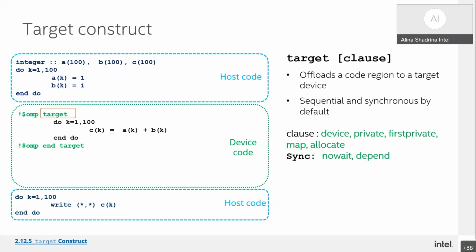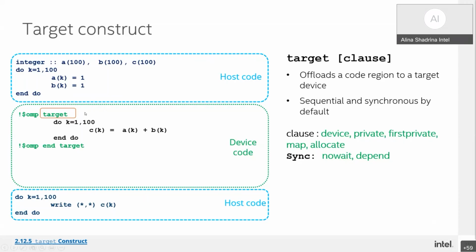As you see, it all starts with host code. In this blue box at the top, we have three arrays, A, B, and C. We are assigning some values to A and B. And after that, you see the green block, starting with the OpenMP target pragma.